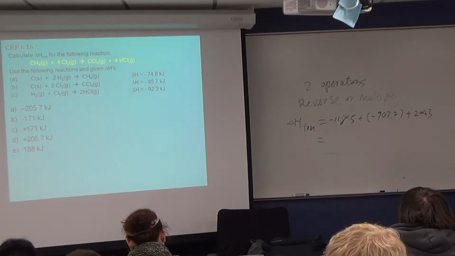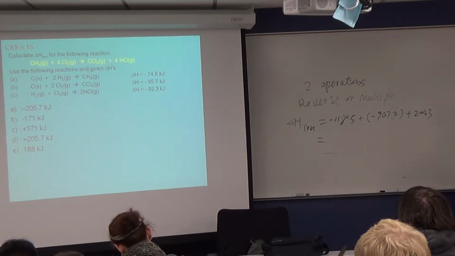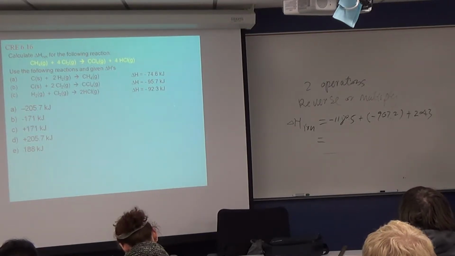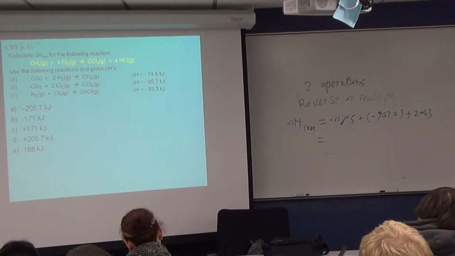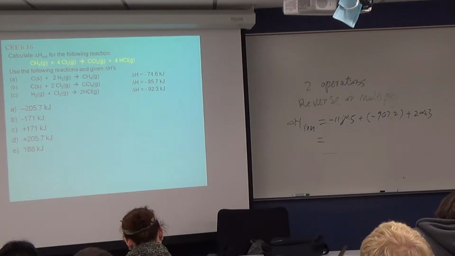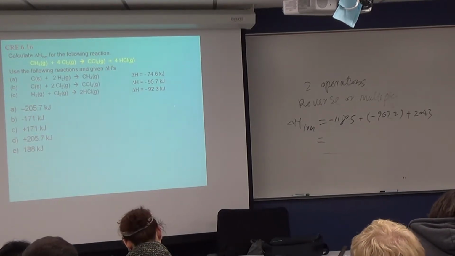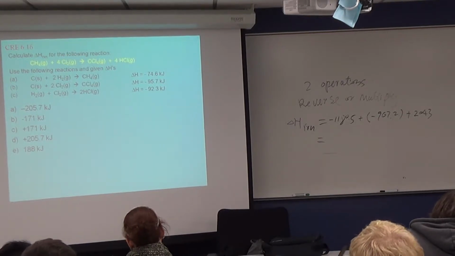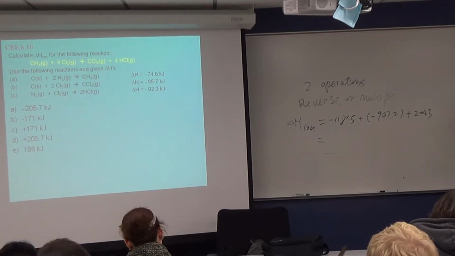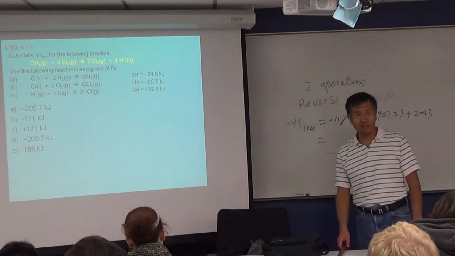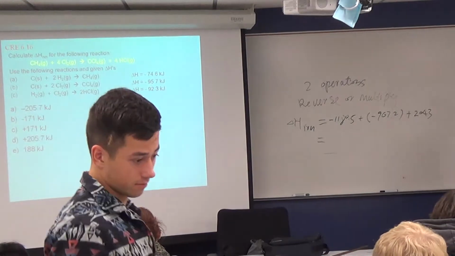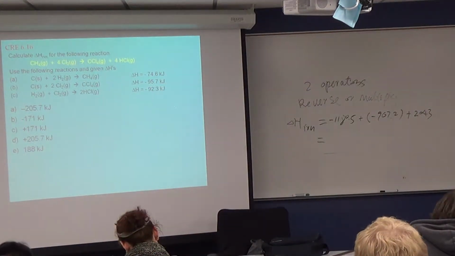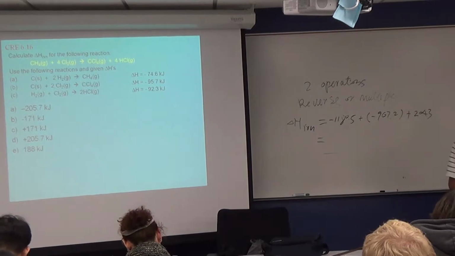So what do you do? Anyone find some answers? Keep working on it. What you do is use those equations highlighted in yellow. For the guiding line, you need CH4 on the left side.